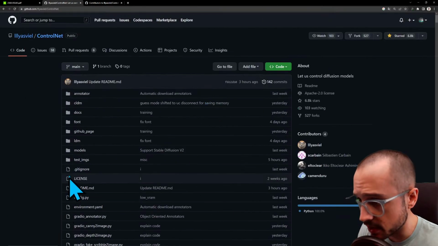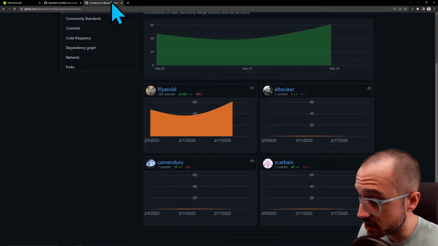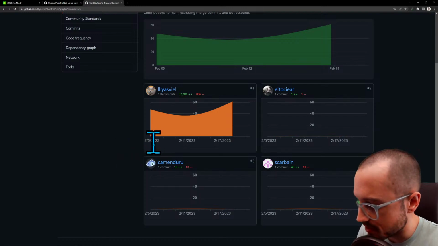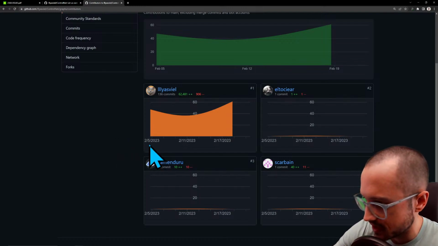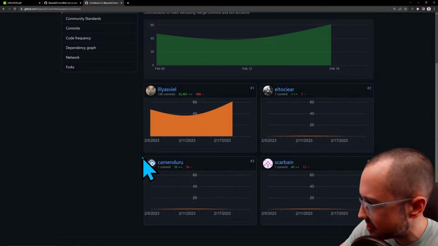And this repo is out of control. This repo has close to 7,000 stars, and it was released basically a couple weeks ago. So the speed at which the internet has decided to adopt ControlNet is absolutely insane.